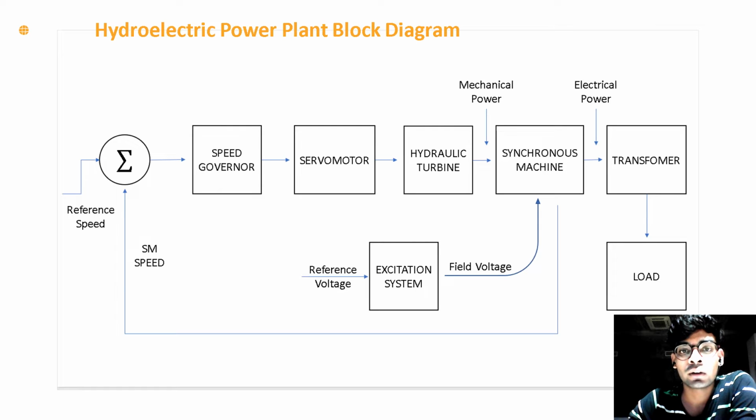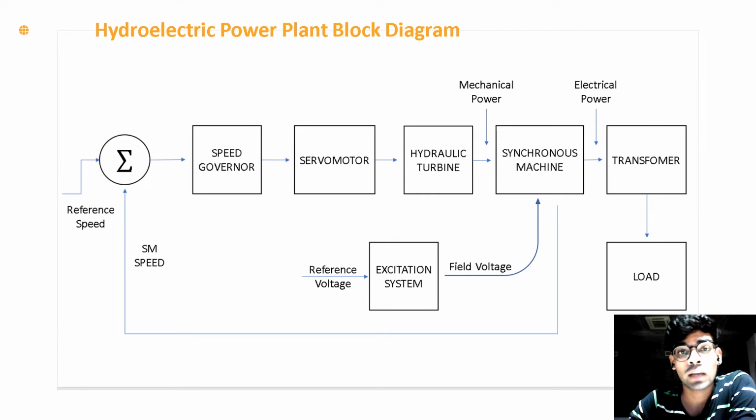Then we have hydraulic turbines, or actually turbines. Then we have simple synchronous machines, or we also call them generators. Then we have an excitation system. This system provides DC to the synchronous machine field winding to produce protective and control functions of the power system.